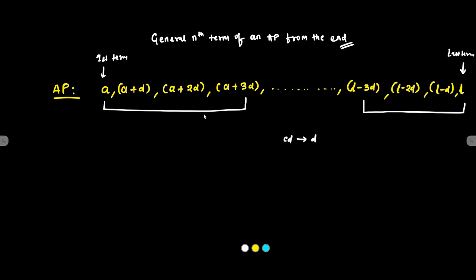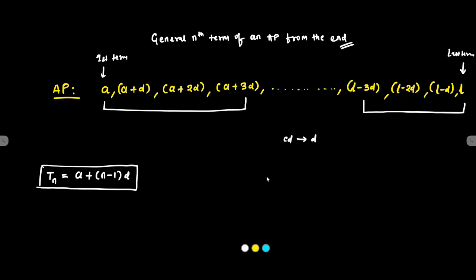So here the general nth term from the beginning is given by a plus n minus 1 d. This is from the beginning, from the first term.